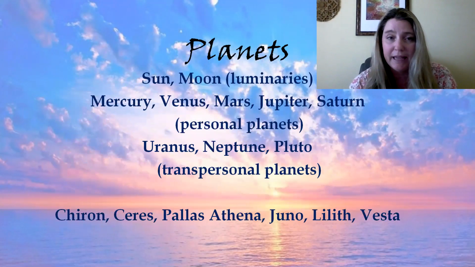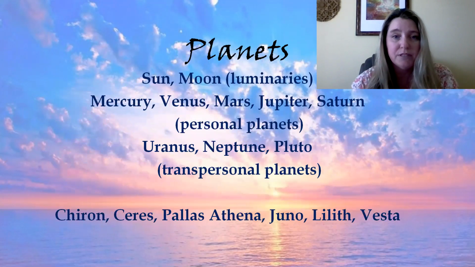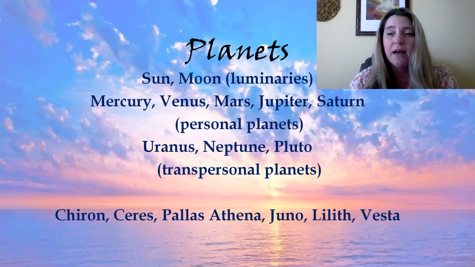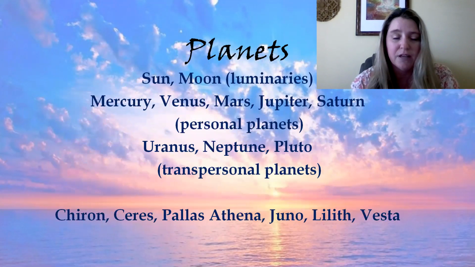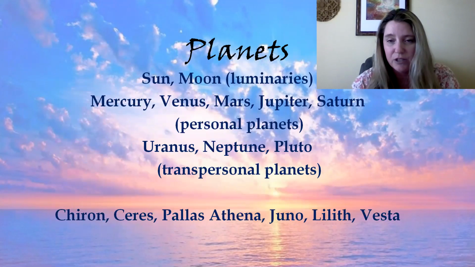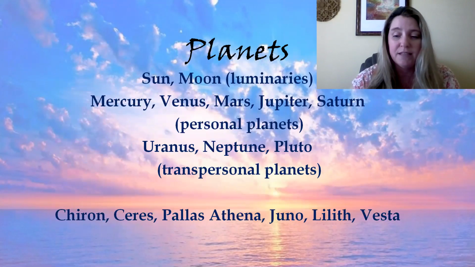We have all the planets to consider in the chart. Sun and moon are the luminaries, then Mercury, Venus, Mars, Jupiter, and Saturn are the personal planets, and Uranus, Neptune, and Pluto are the transpersonal planets. In evolutionary astrology, and some modern astrologers like to also consider these others: Chiron, Ceres, Pallas Athena, Juno, Lilith, and Vesta.